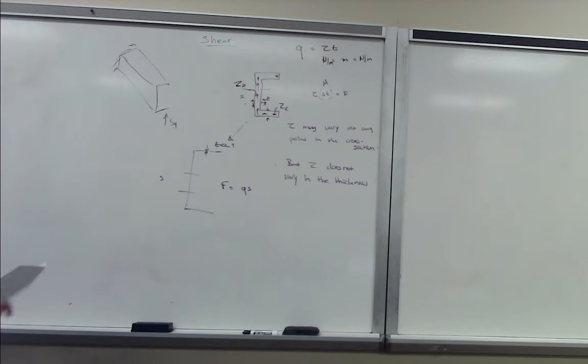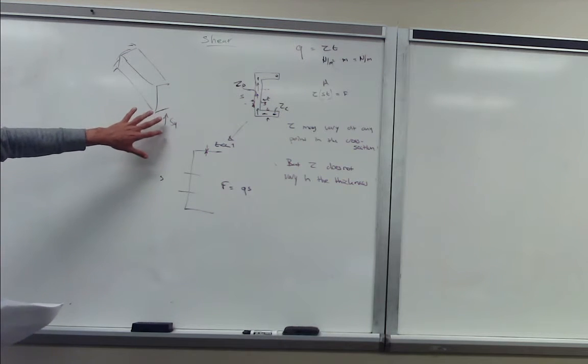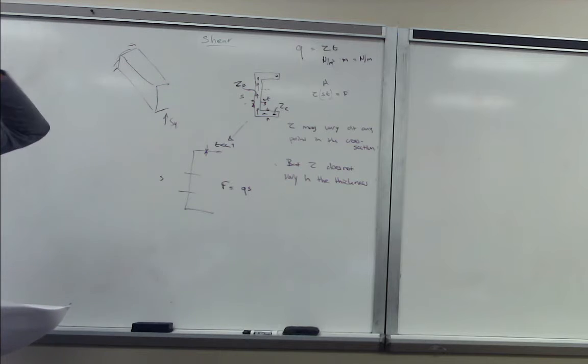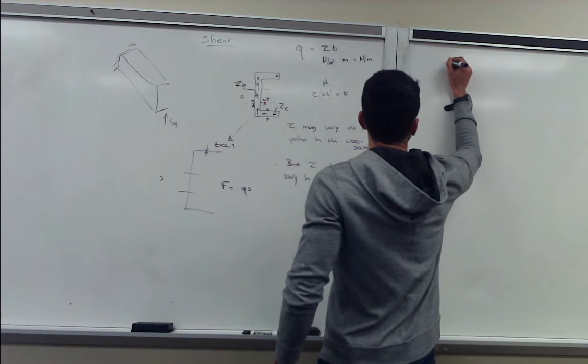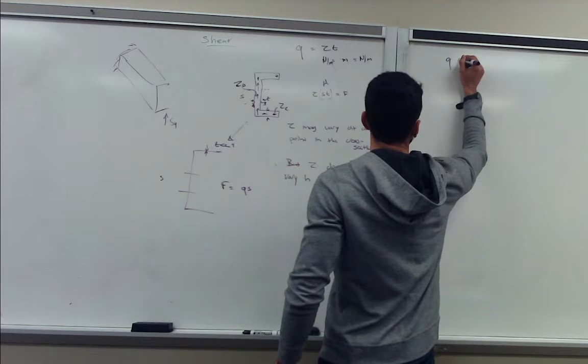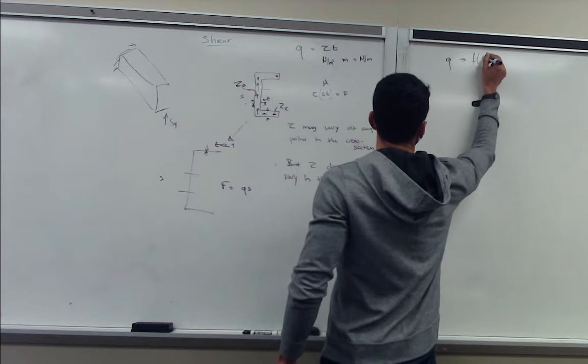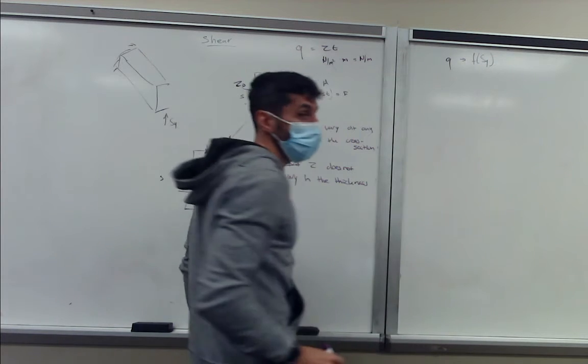It also makes it a bit easier to introduce varying thicknesses in the cross section. So now the goal is: how does the shear flow vary as a function of our shear force, Sy?